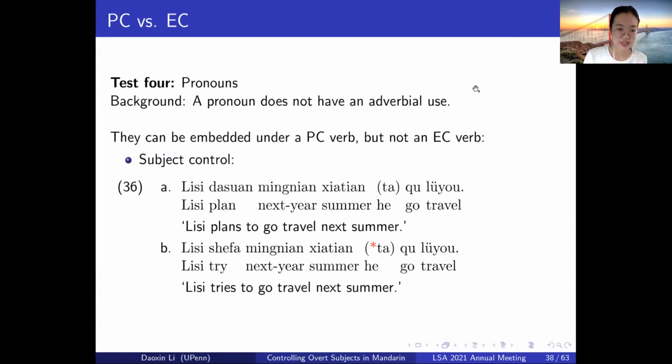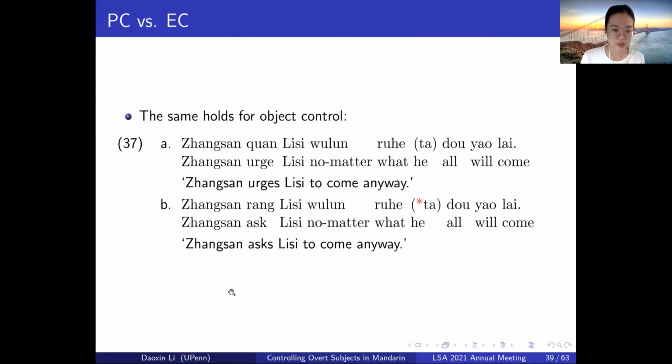And now the fourth test is pronouns. A pronoun does not have an adverbial use, and it turned out that they can be embedded under a partial control verb, but not under an exhaustive control verb. So "plan next summer he go travel" is good, but "try next summer he go travel" is bad, and this is true for object control too.